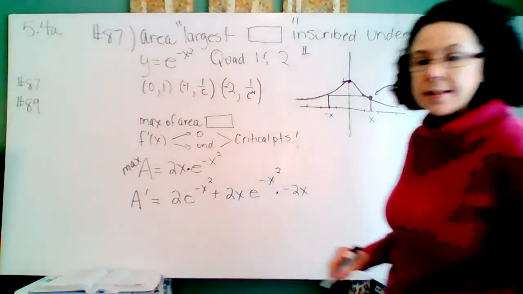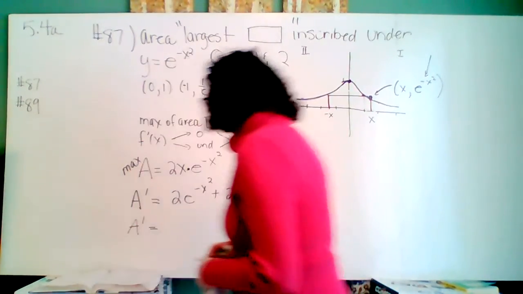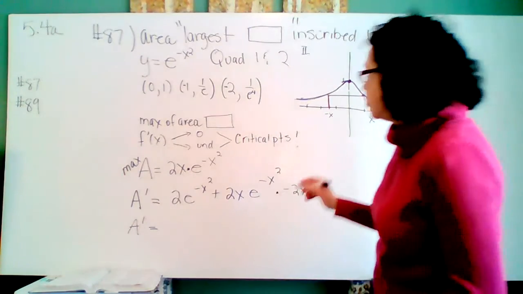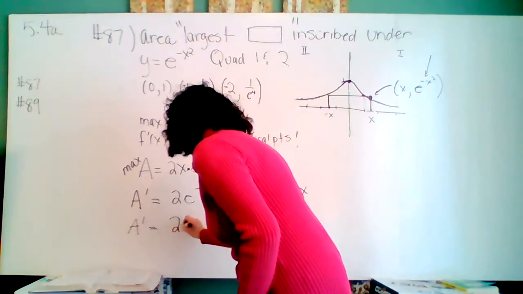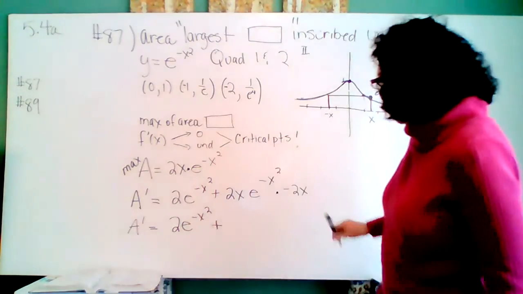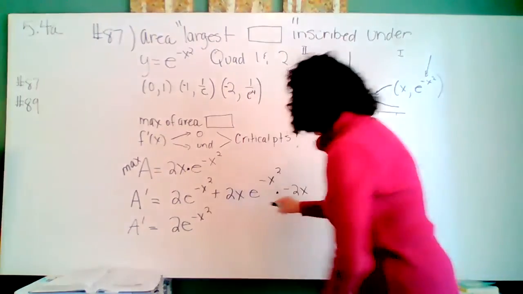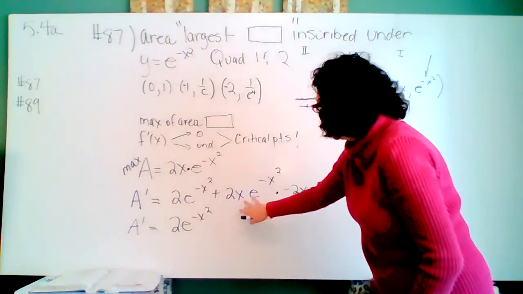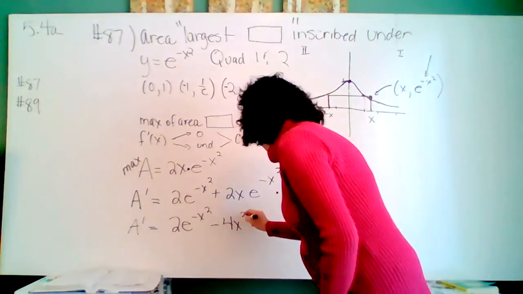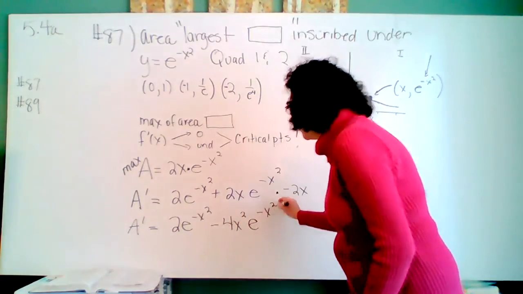Okay, let's clean this up a little bit. Let's see, I have a greatest common factor. Let's clean it up and then we'll pull out a greatest common factor. There we go. This is a negative 4x squared times e to the negative x squared.